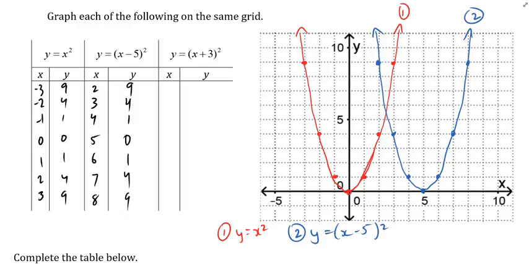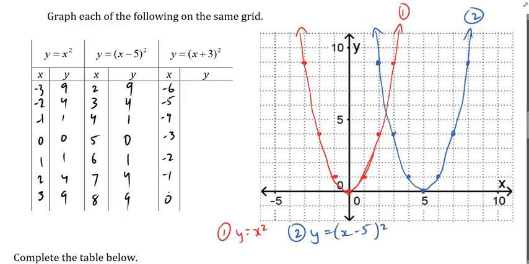Okay, one more, and then we're going to chat about what happened. So this one should start at negative 6, negative 5, negative 4, negative 3, negative 2, negative 1, and 0.